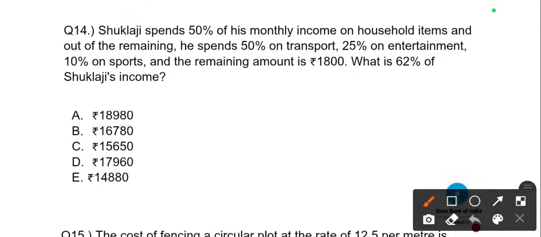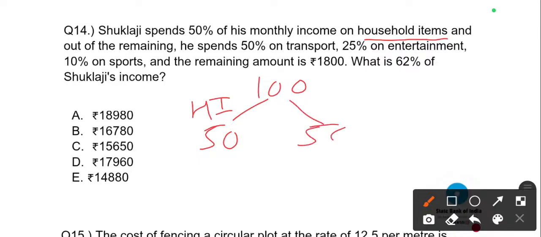Suklaji spent 50% of his monthly income. So from 100, 50 is spent on household items. And out of the remaining, from the 50 he spends 50 percent, so 25 on transport, 25 percent on entertainment. 25 percent means 1/4.